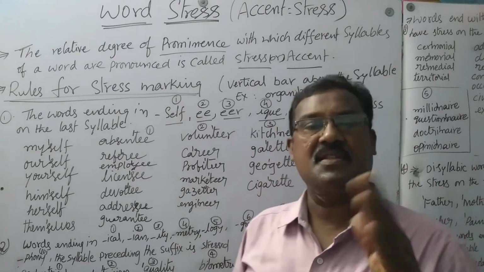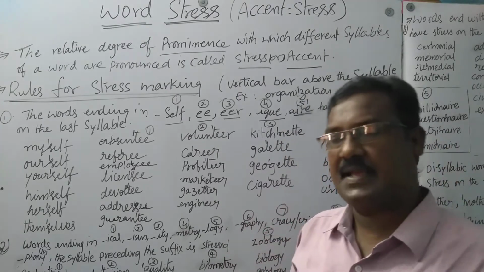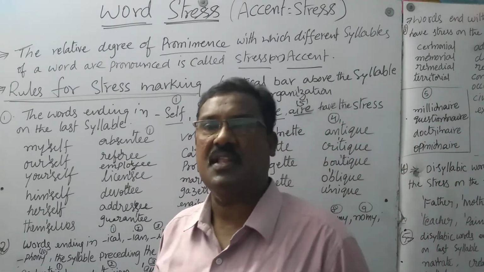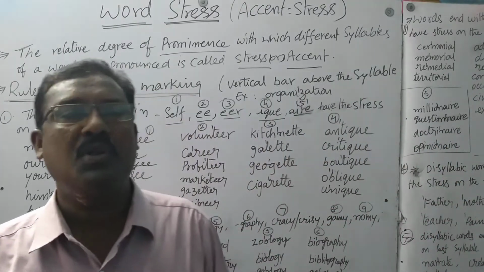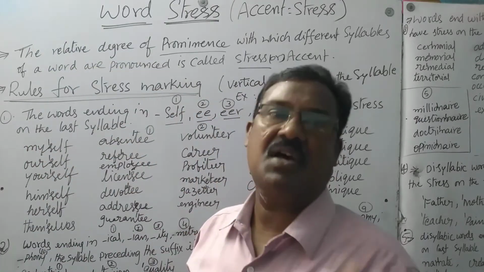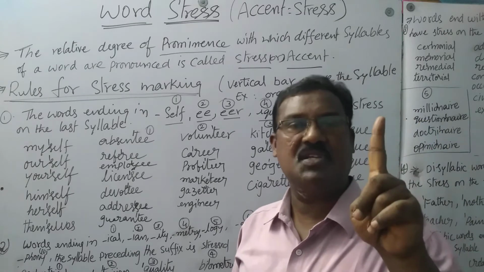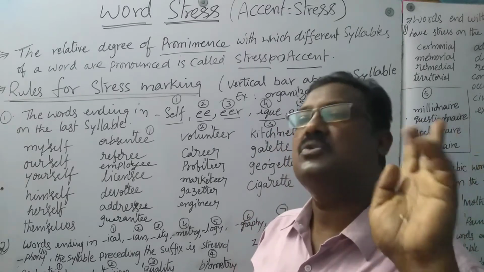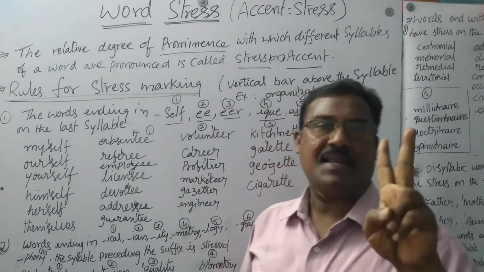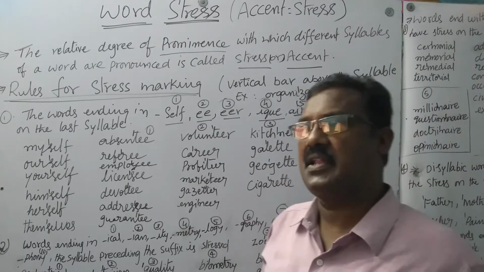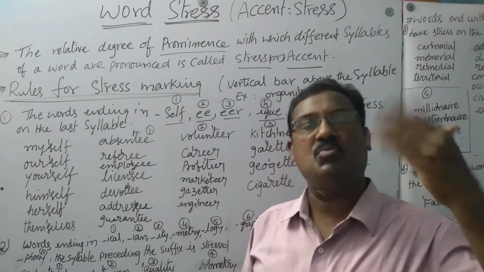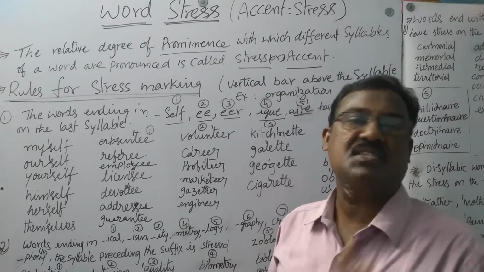So more than three, four, and extra syllables are there, that is called polysyllabic word. First of all, we have to understand monosyllabic word, one syllable is there. Disyllabic word, two syllables are there. Trisyllabic word, three syllables are there. And four and more than four, polysyllabic word.